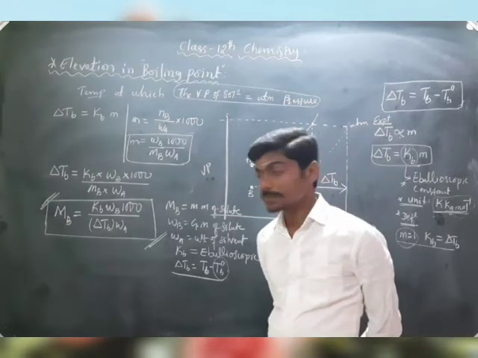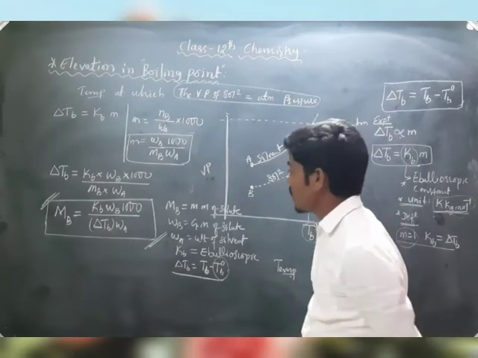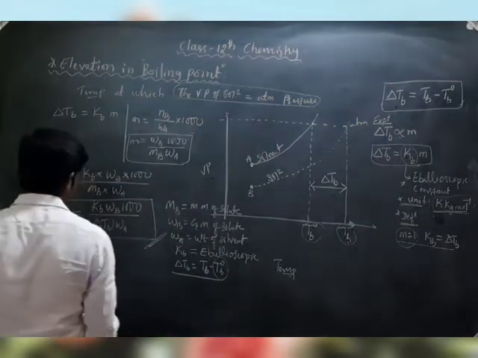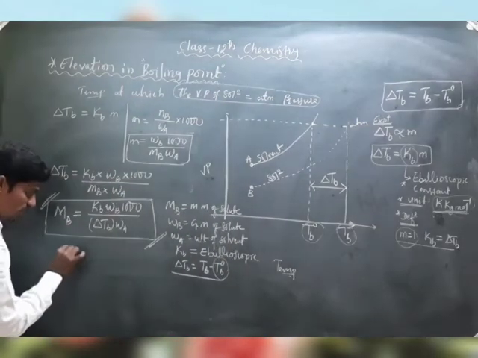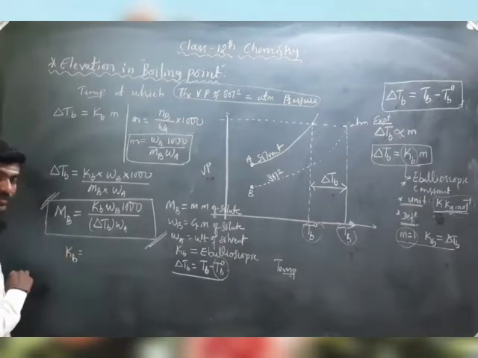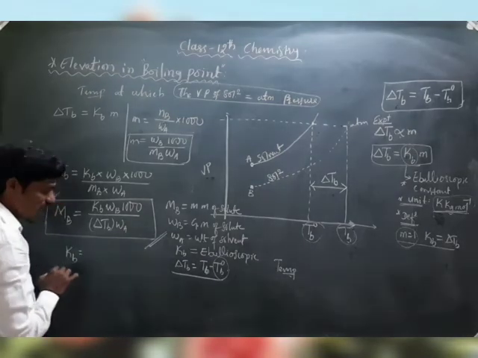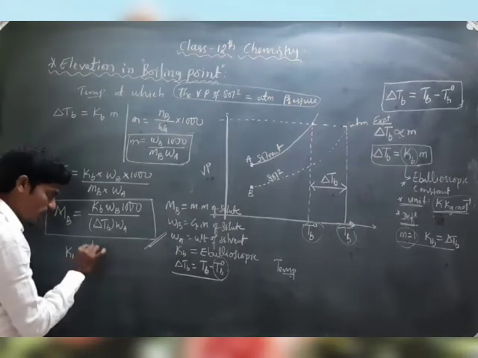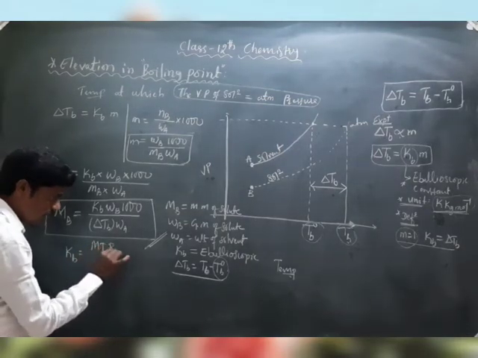Remember one more formula. If KB is not given, then to find the KB value it is calculated from the formula MTR, not the sambar masala, MTR.